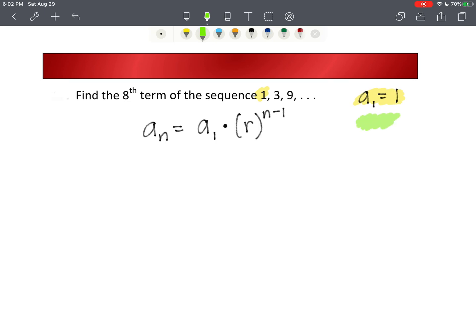We know that the common ratio is 3 divided by 1, which is 3, or 9 divided by 3, which is 3, because you multiply by 3 to get to the next term. So our common ratio is 3. So a sub n is equal to 1 times 3 raised to the n minus 1 power.